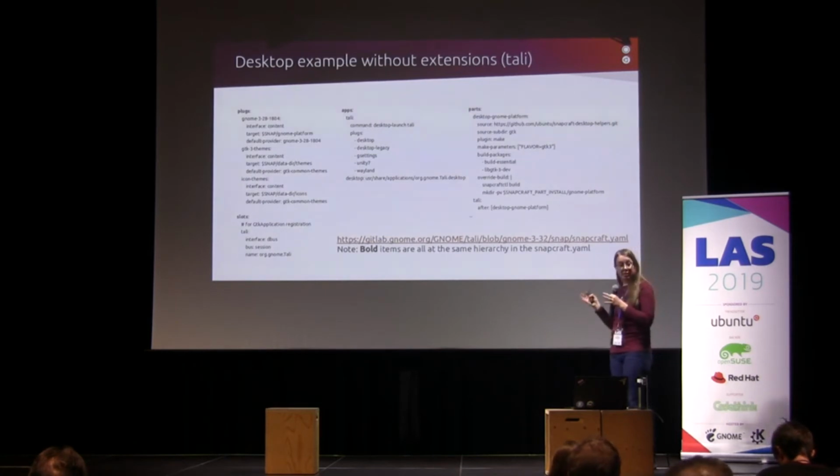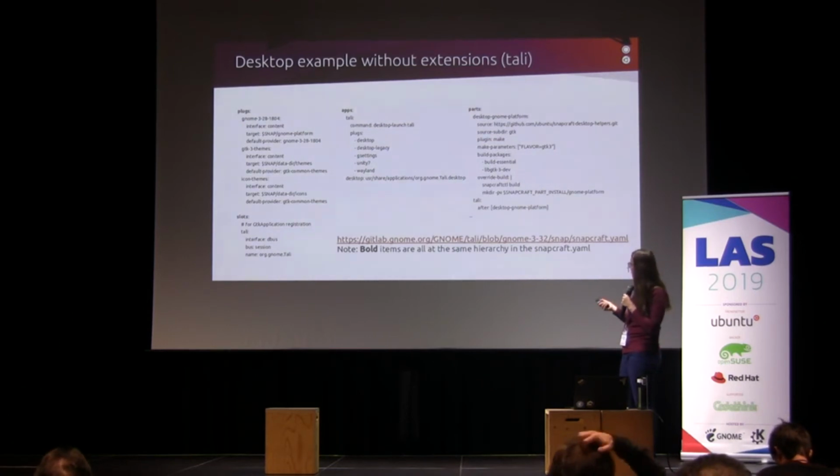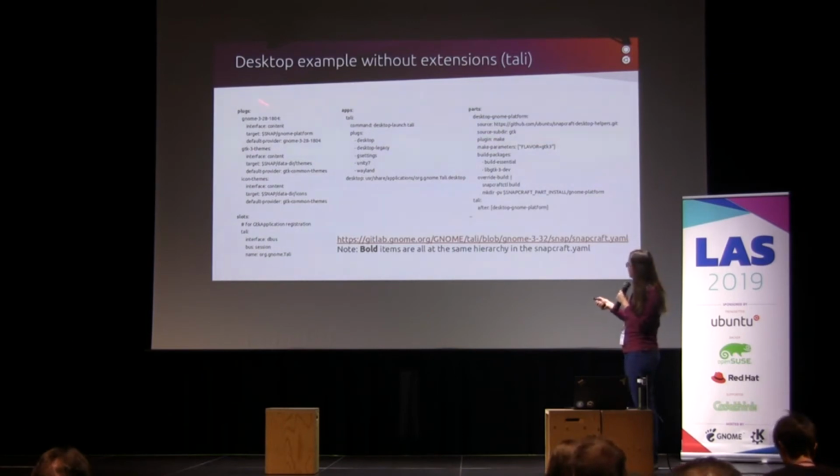So I know there's a lot here, right? This is just a snippet of an app's SnapCraft YAML. Because it's YAML, I tried to bold the top level pieces, like plugs, slots, app, parts. That's all the top level of the YAML. And you can see we have all of the theming stuff, which we were always copy pasting from some existing GNOME app.